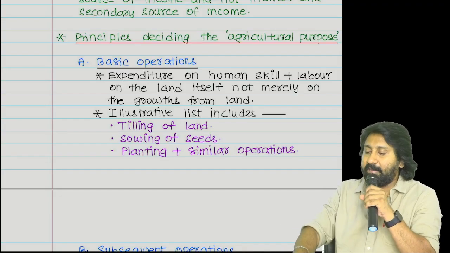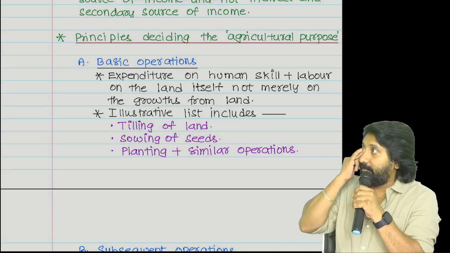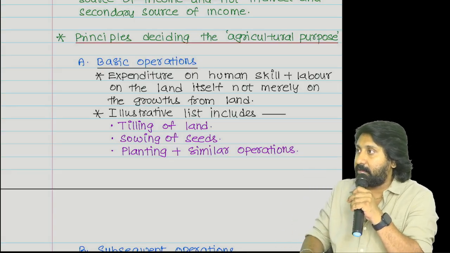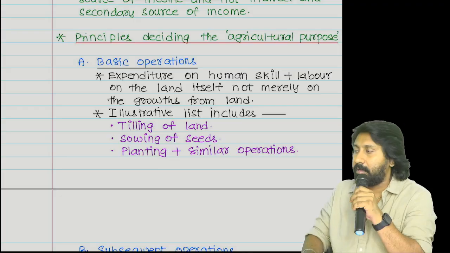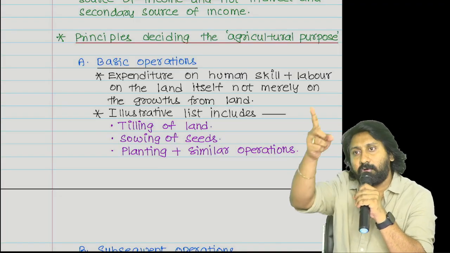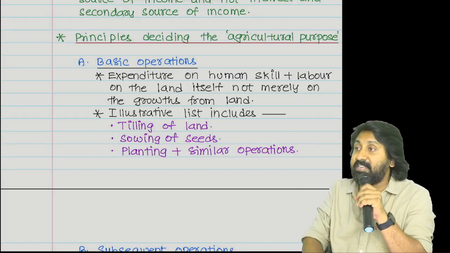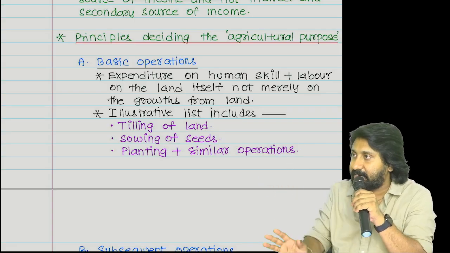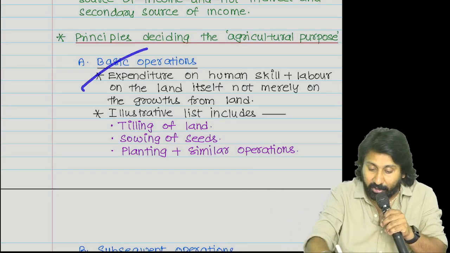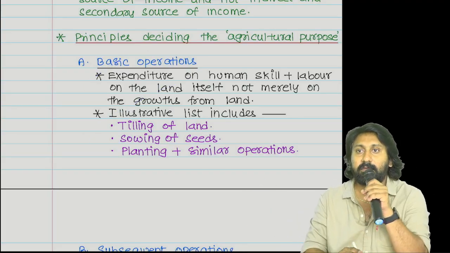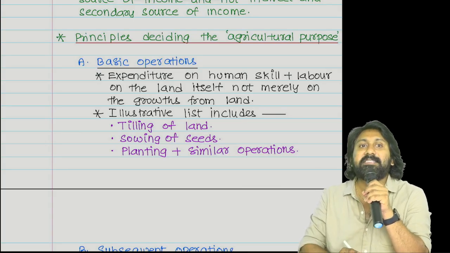And they will go always early in the morning, at 4 o'clock or 3 o'clock, to the agricultural land. Rainy season is the best season for agricultural commodities because that is the time when the basic operations will be carried on. Which activity? Basic activity.